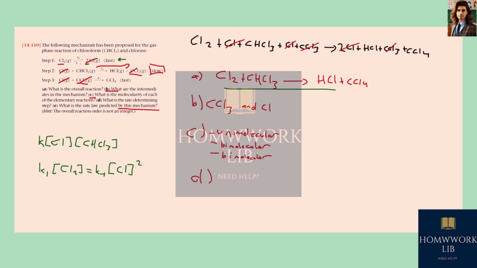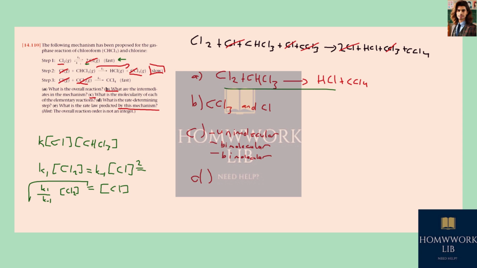So if I want to write Cl in terms of something else, then what I can write is k1 over k minus 1, and this Cl2, everything is going to be square rooted to get rid of this power of 2.